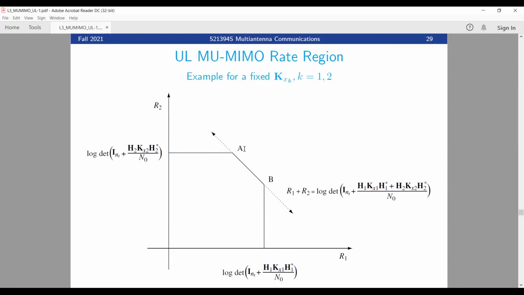So we have 2 decoding orders. What would be the rate of user 1 if user 1 is decoded first? How would you compute the rate of user 1 if it's decoded first?